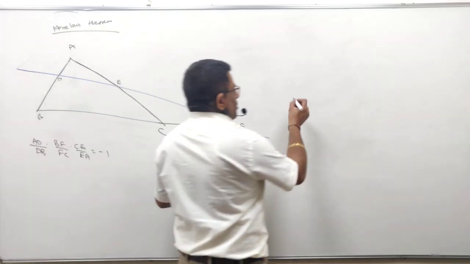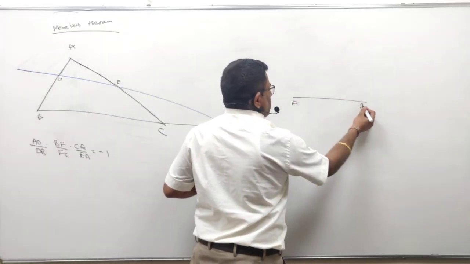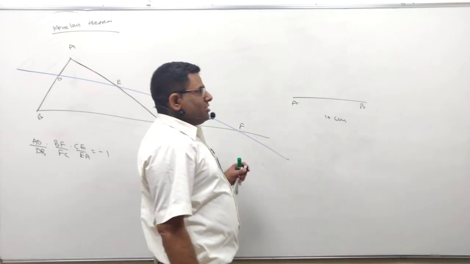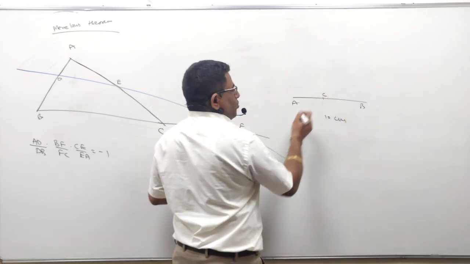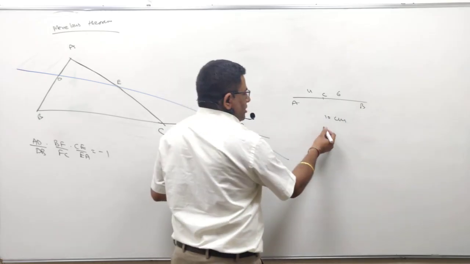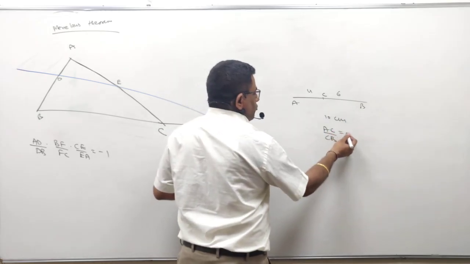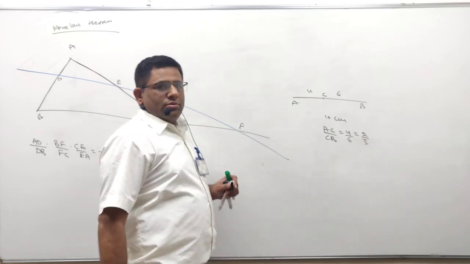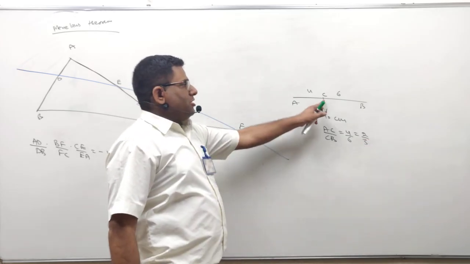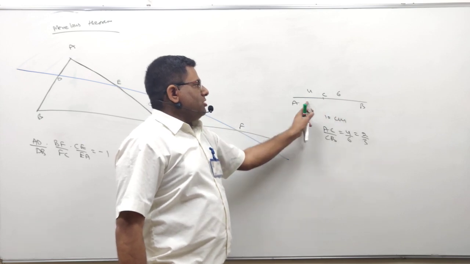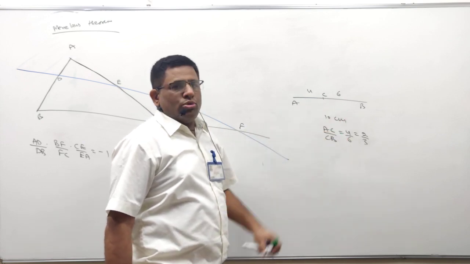If AB is a line segment of 10 centimeter, and C is a point such that AC is 4 centimeter and CB is 6 centimeter, then AC is to CB becomes 4 by 6, that is 2 by 3.